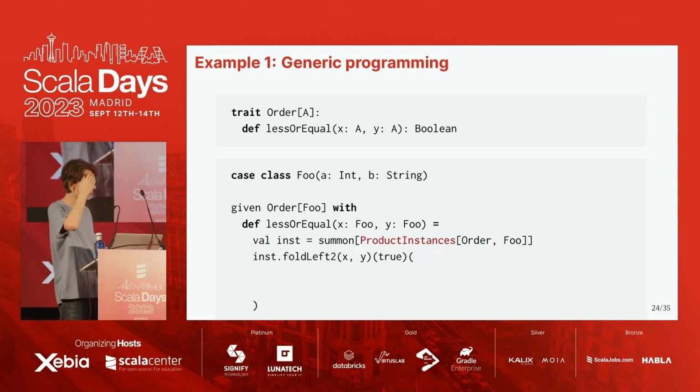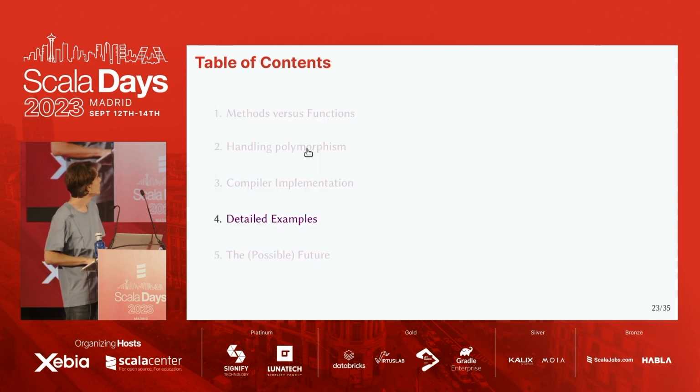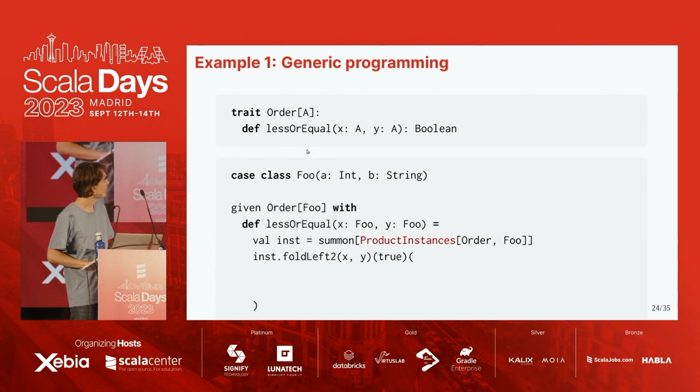In particular, we can use Shapeless 3, which defines a ProductInstances type class, which is going to be helpful here. ProductInstances defines a foldLeft2 method, and it takes as argument a type class and a class, so here Order of Foo, and basically it lets us iterate over all the elements inside Foo, so a and b, and on top of giving us the elements, it gives us the corresponding type class instance.